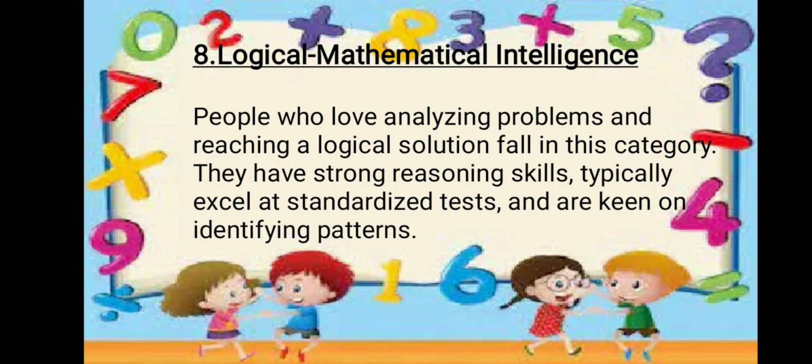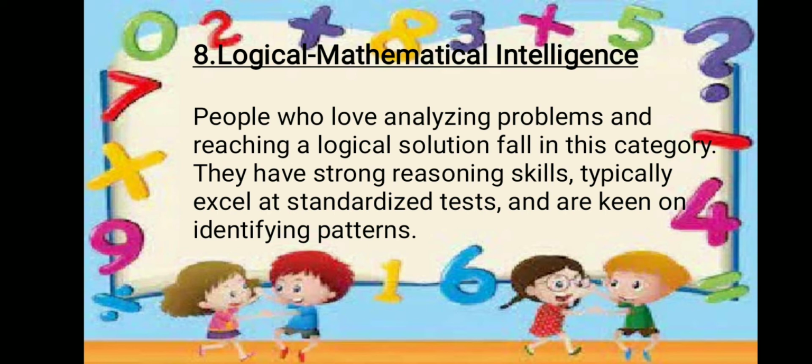Logical mathematical intelligence. People who love analyzing problems and reaching a logical solution fall in this category. They have strong reasoning skills, typically excel at standardized tests, and are keen on identifying patterns. According to Gardner 1999, this intelligence is ability to calculate and comprehend situation or condition systematically and logically.